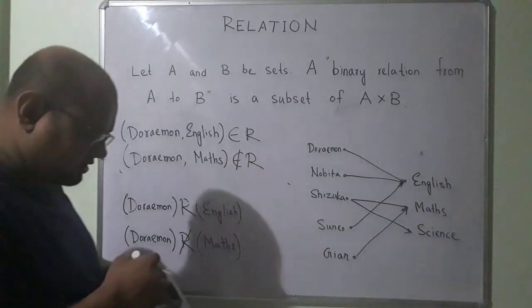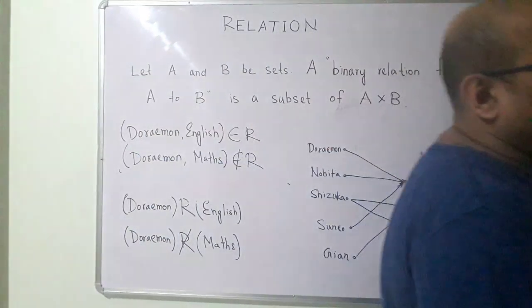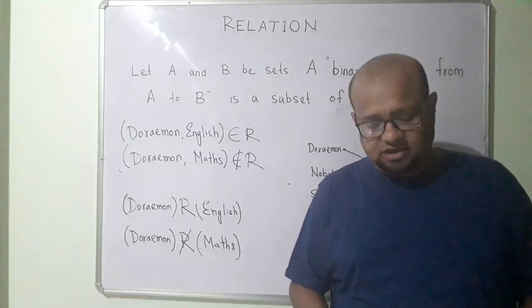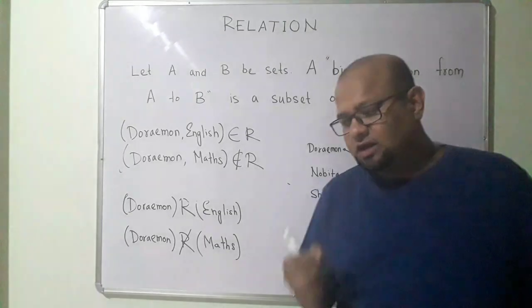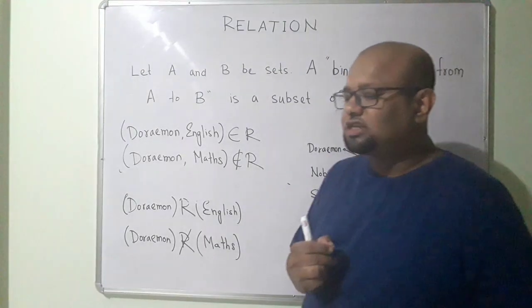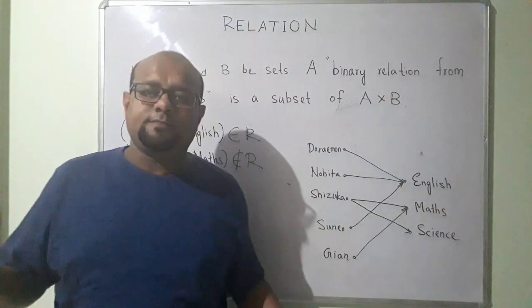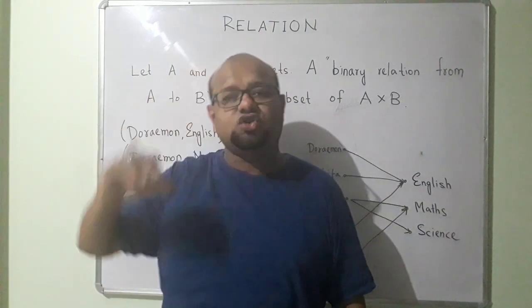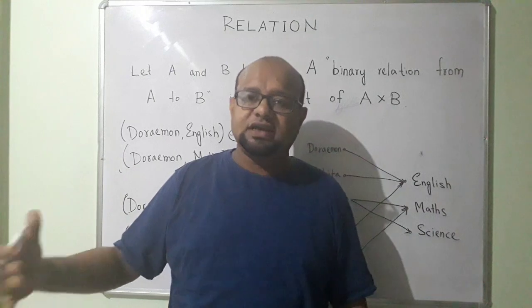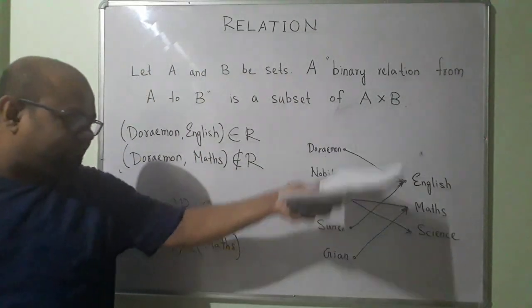So this is essentially what relation means in discrete maths. You need this knowledge about sets. With that you will have knowledge about the Cartesian product of sets, and you know what a subset is. So a subset of this Cartesian product is a relation. This is an example of a relation.